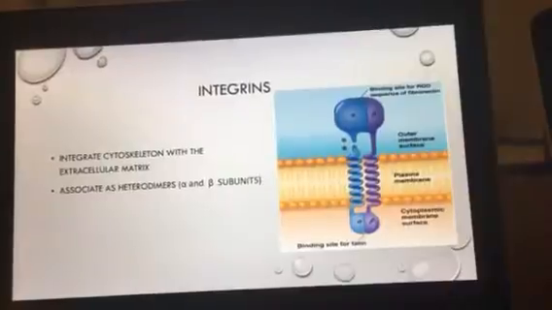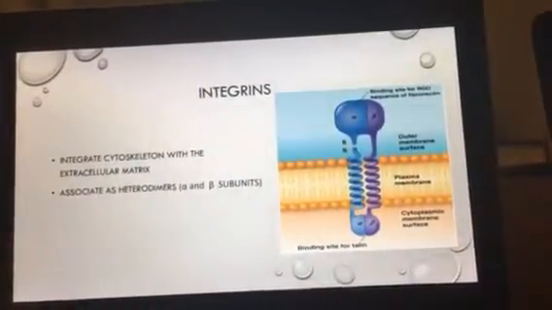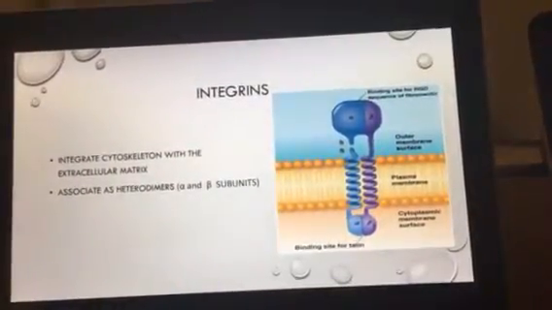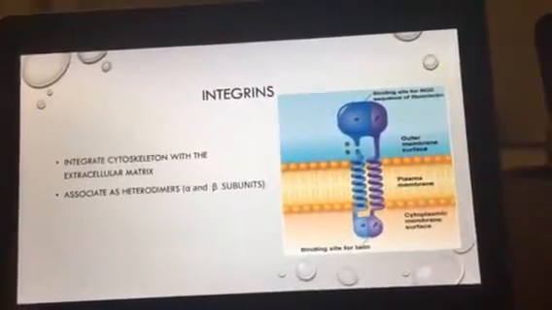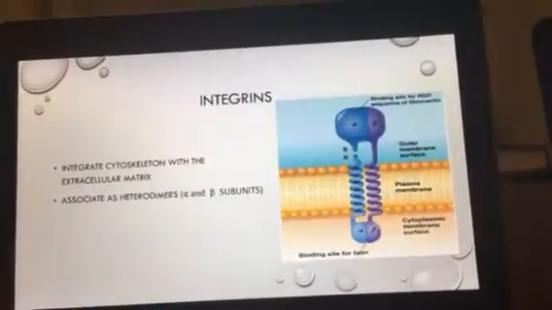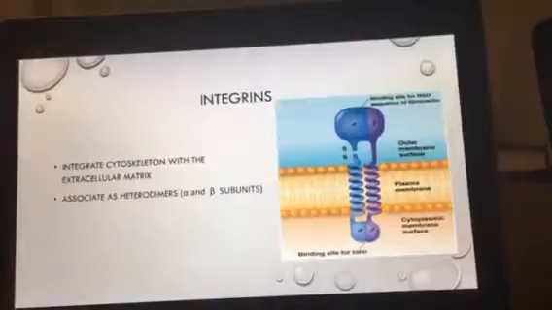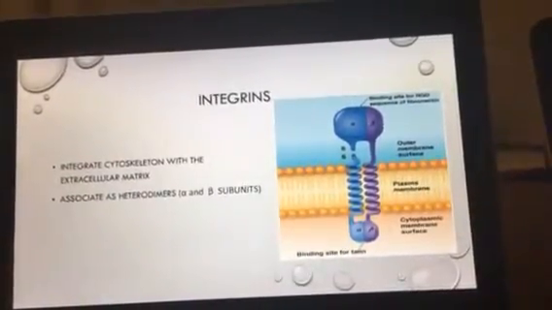Focal adhesions are a cluster of integrins that interact with the microfilaments through adaptor proteins. One adaptor protein is talin that binds to the actin-binding protein vinculin and alpha-actinin in order to directly bind the actin filaments to the cytoplasmic tail of the integrin.